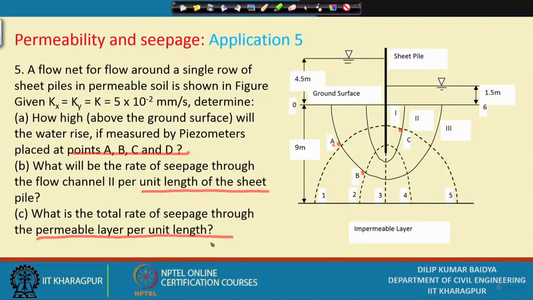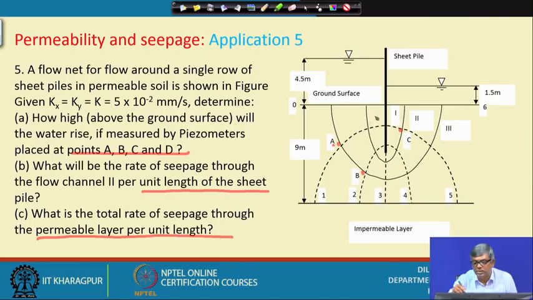You can see there is one flow channel, second flow channel, 3 flow channels I can consider. How many drops? 1, 2, 3, 4, 5, 6. So, the number of drops Nd is 6, and Nf is 3.